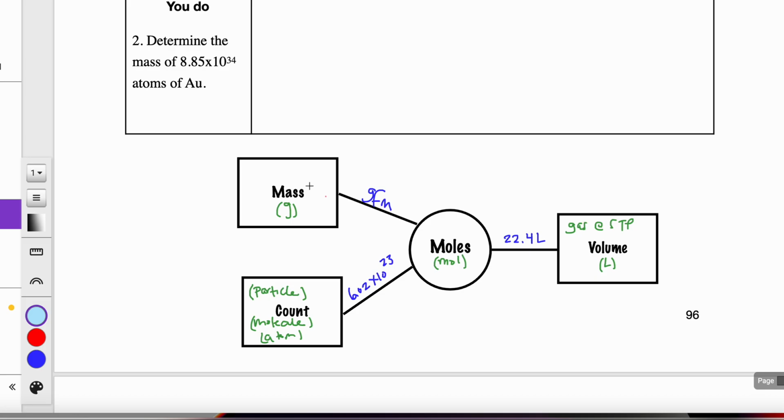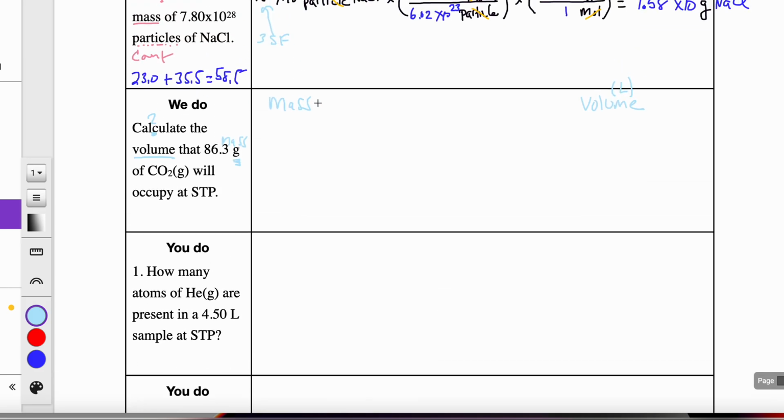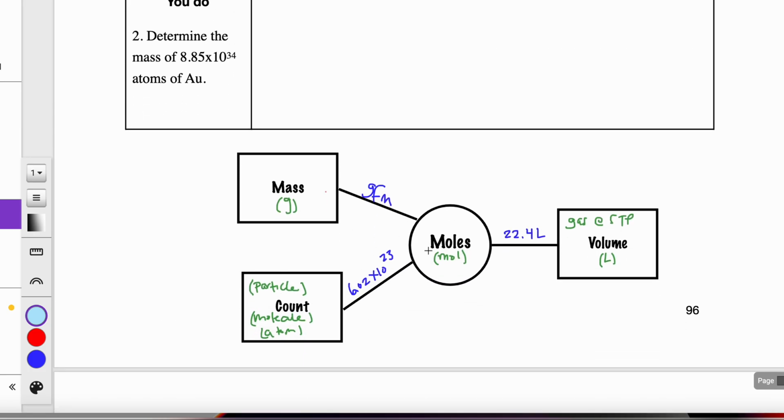But what I do know how to do is to go from the mass, use information, and change it into moles. Once I'm in my quantity of moles, then there is a link from moles to volume.